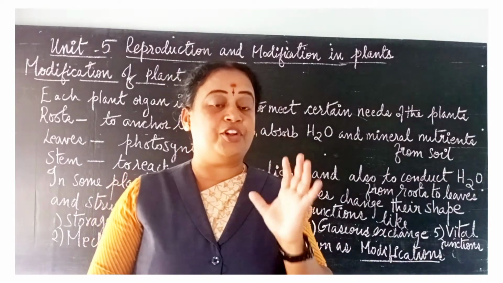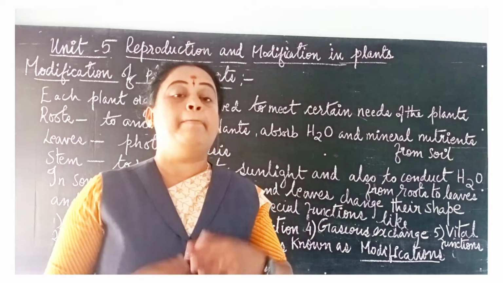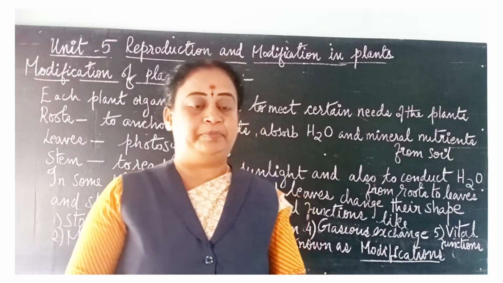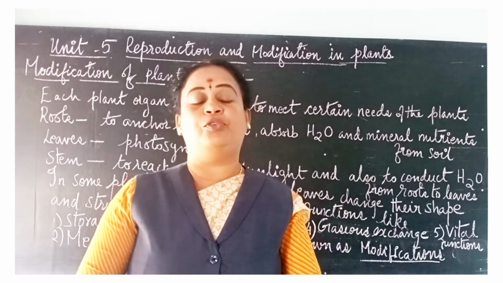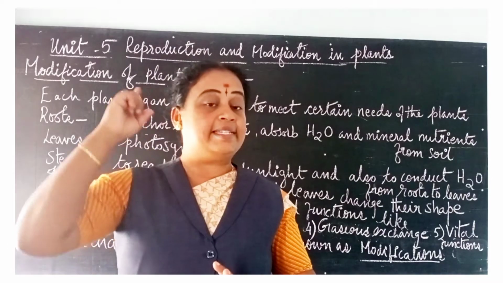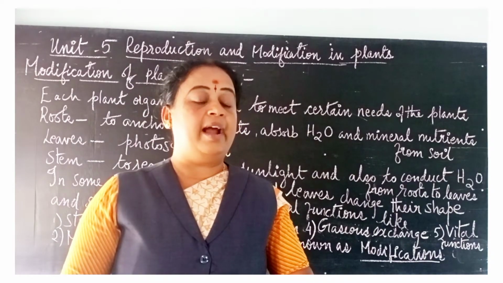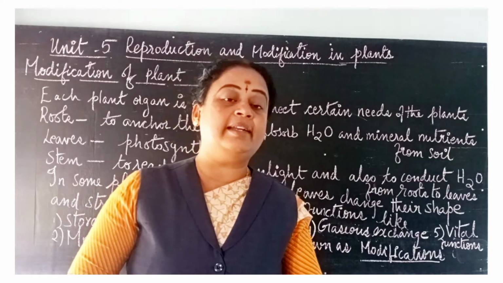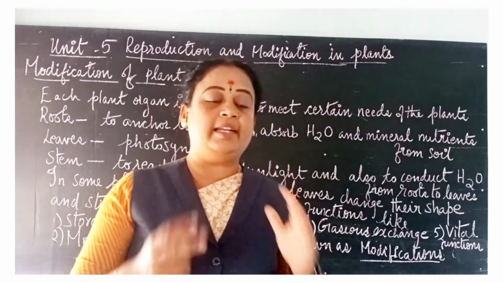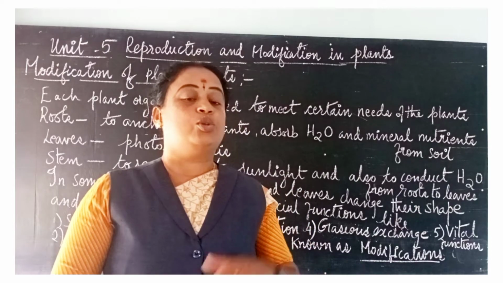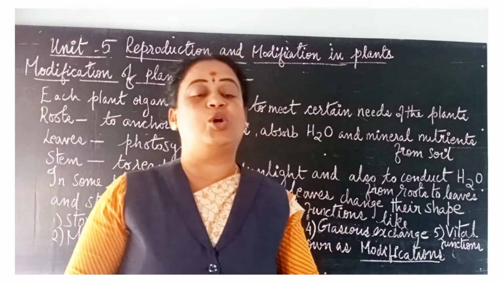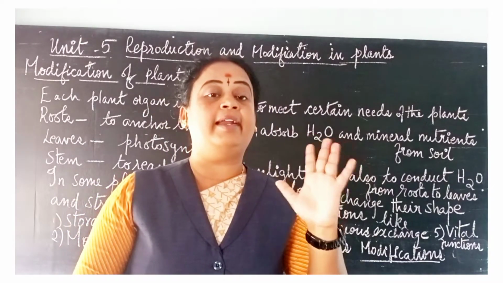Photosynthesis is the process where plants prepare their own food. How do the plants prepare their own food? By using sunlight, water, carbon dioxide and the green color pigment present in the leaf. This pigment is called chlorophyll, which is green in color.